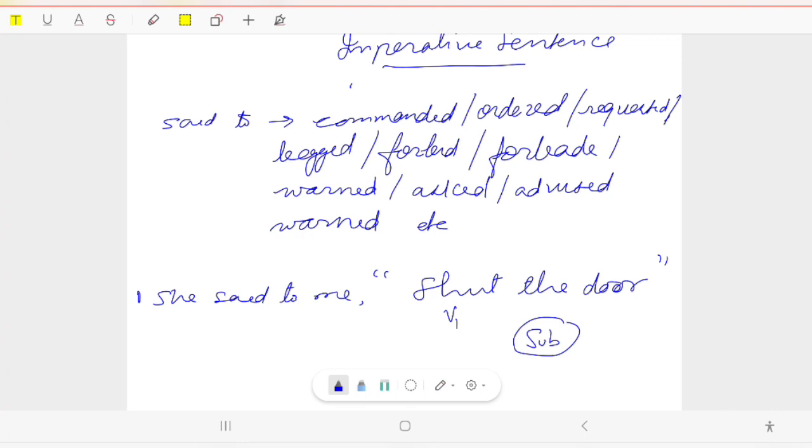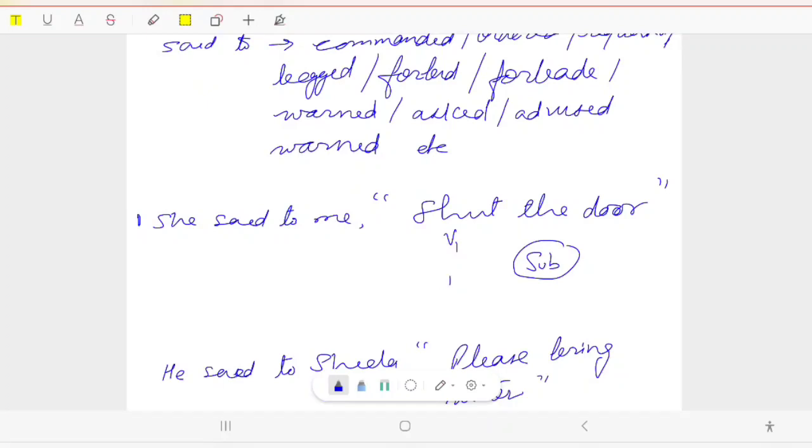She said to me, shut the door. So it's clear that here the order is being given to the listener. The subject you is implied, so we do not write the subject here. Such sentences which begin with verb first form, or begin with don't, like don't shut the door, are called imperative sentences.